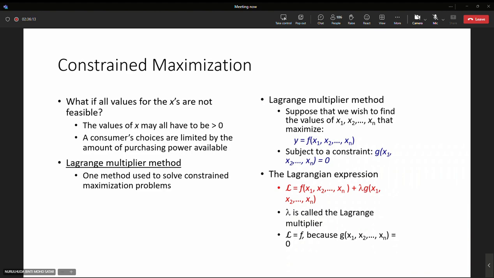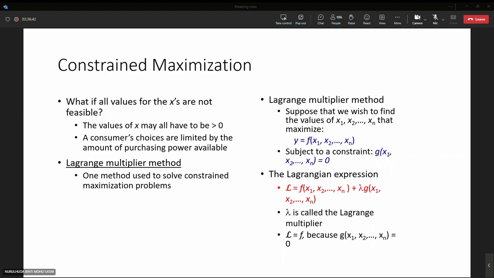And where that comes from is this constraint optimization problem of the consumer's utility. We have the utility as the objective function, and the budget function as the constraint.